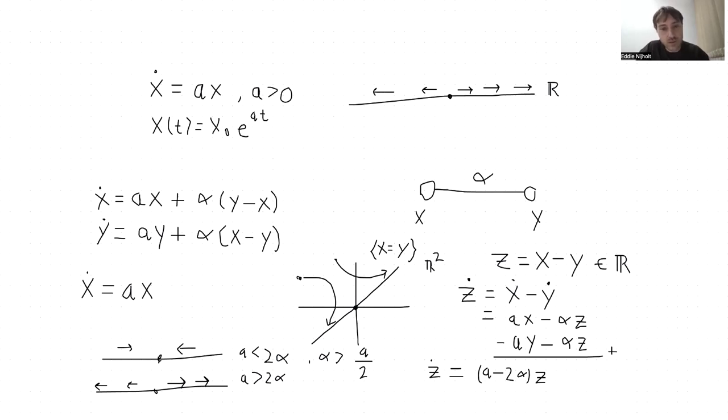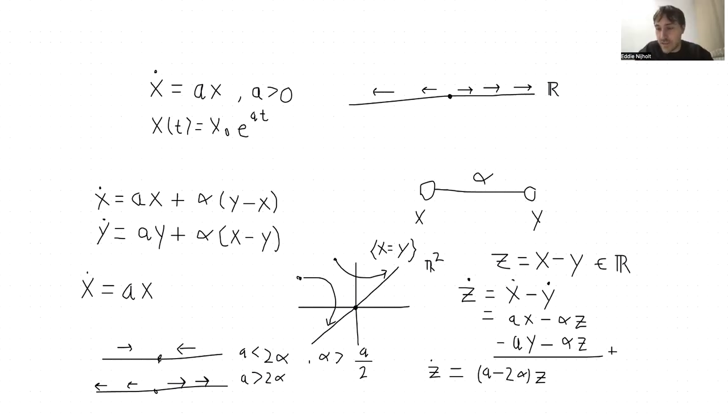We still see that variables that start off a little bit different will have these differences explode. They will become more and more different. But if I pick my alpha, my coupling strength between the two, to be bigger than this critical value, A over 2, then all of a sudden I start seeing that the two nodes start behaving exactly the same. We start to see this phenomenon called synchronization.